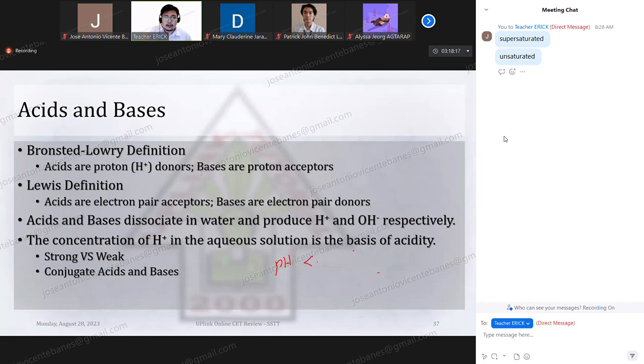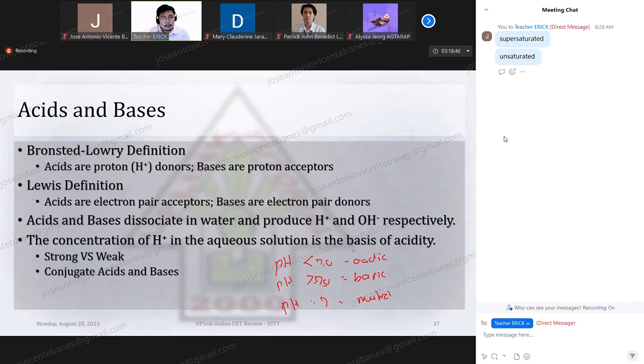And if the pH is lower than 7.0, then this is basically acidic. Okay? But if your pH is more than 7.0, then this is basically basic. But if your pH is equal to 7, then this is neutral.